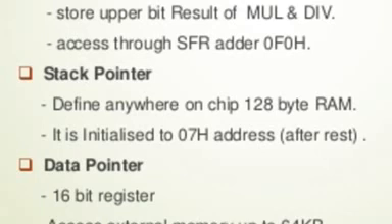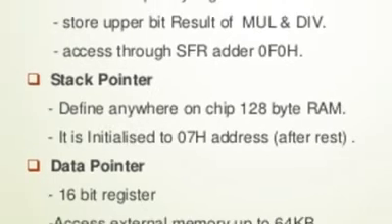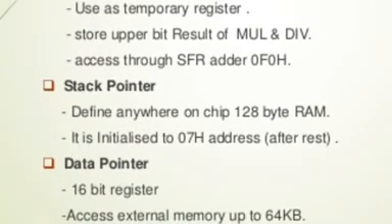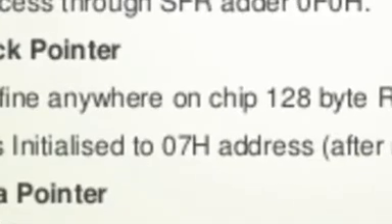Next, whenever I want to retrieve a value from the stack, it first takes the value from the stack and then decrements by 1. Since it is pointing towards the 08 location, whatever we stored there is taken to the address we have written.